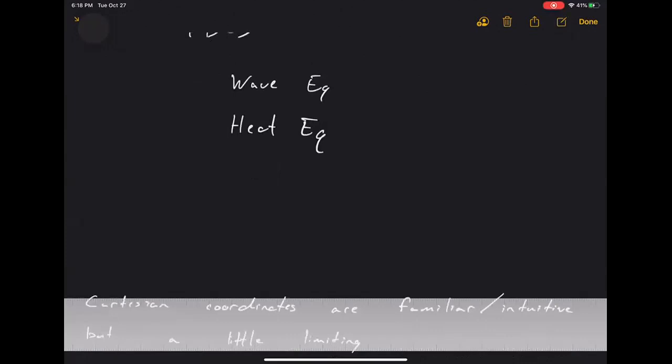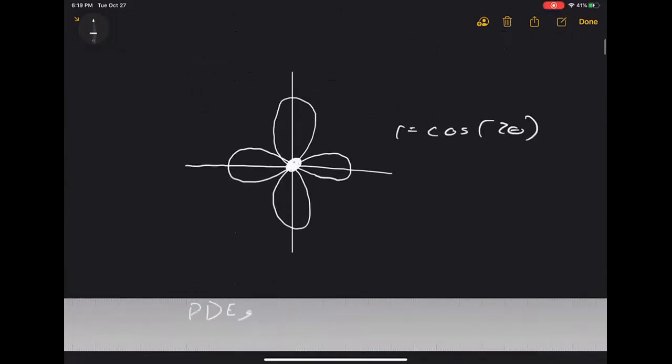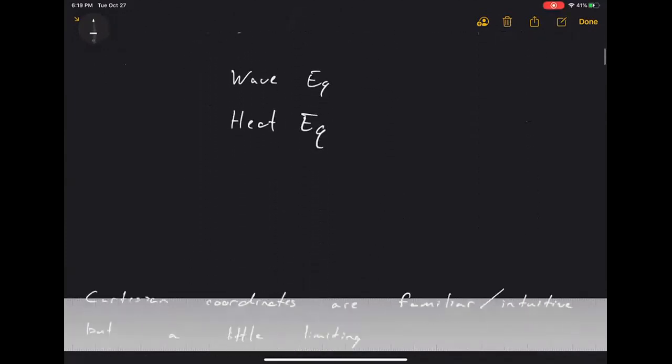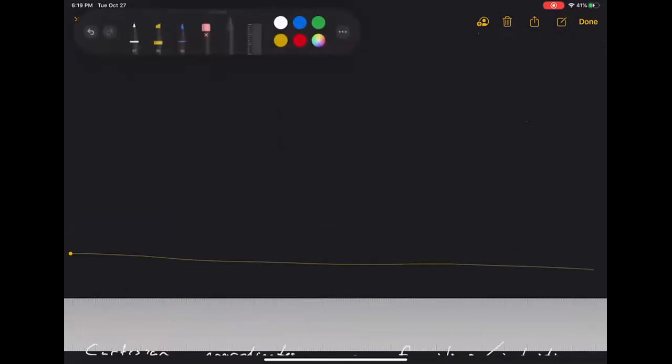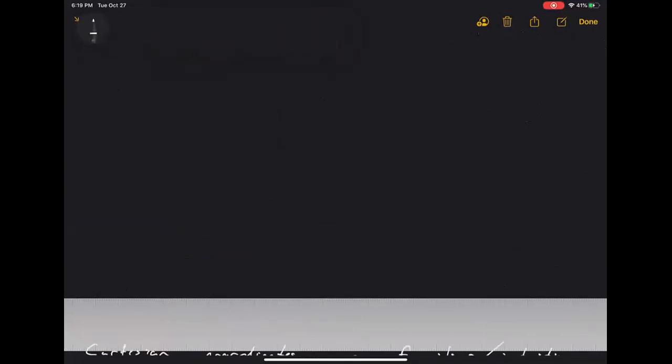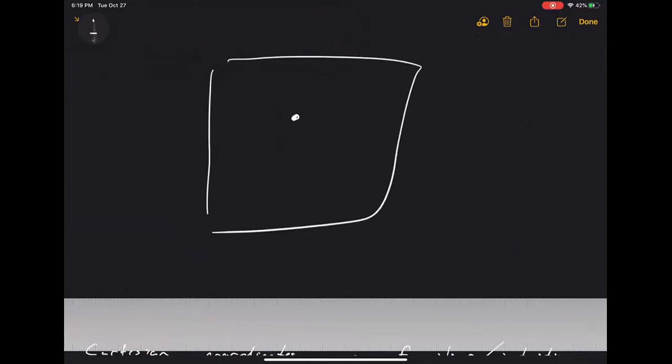But these things have this symmetry. For example, we said the heat equation. Okay, let's say you have a source of heat, and then you're measuring the temperature in a region around that source. Well, let's say this is 100 degrees.